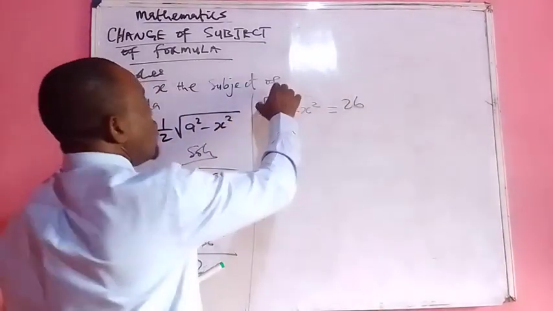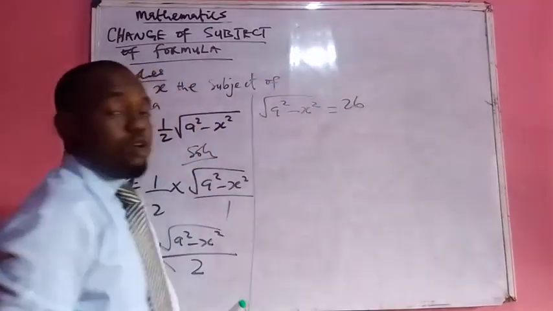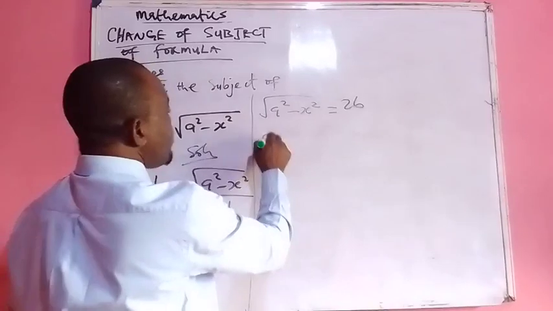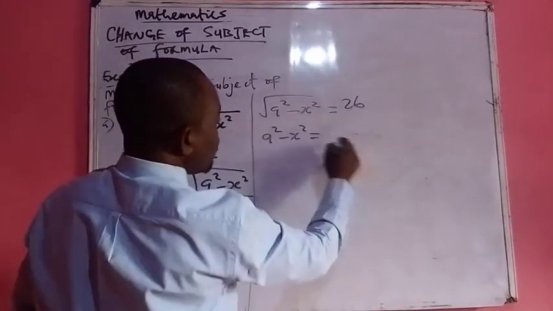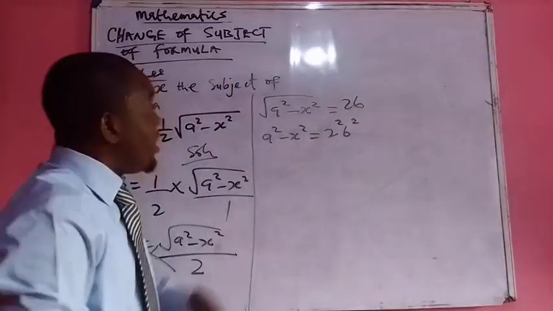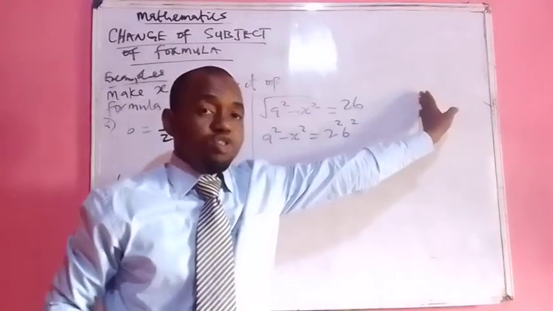Okay, now, when you remove the square root, when a square root crosses equal to, it becomes what? A square. We've done this one in our previous classes before. So we'll now have what? a square minus x square is equal to what? If this one crosses, it will become 2 square b square. Do you get it now? When a square root crosses equal to, everything at this side you square.